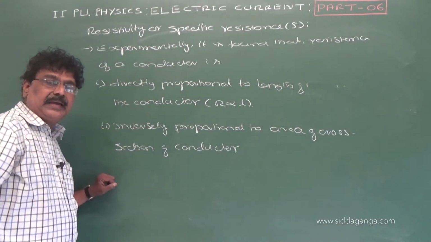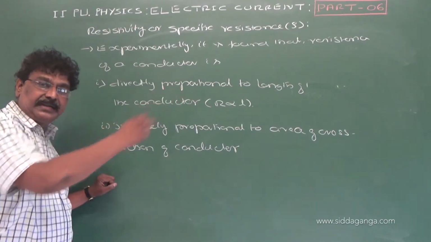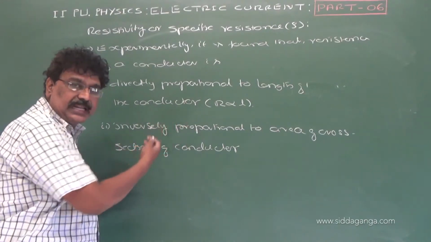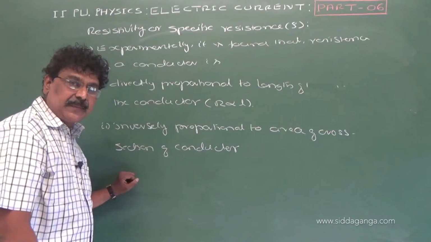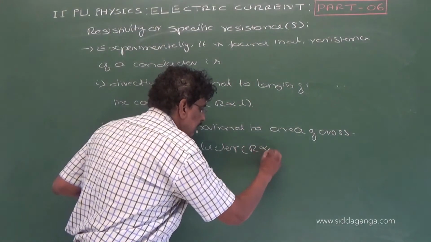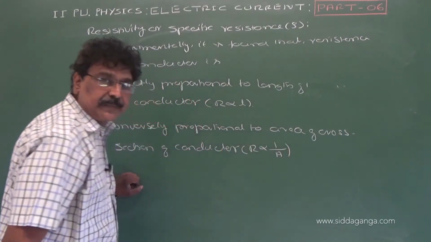These experiments are at constant temperature. While doing these experiments, changing length and changing area, we kept temperature constant. That means R is inversely proportional to area of cross section.